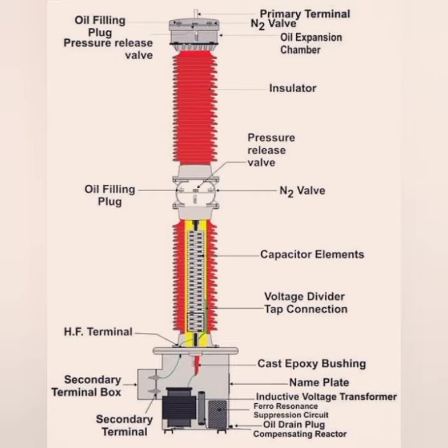Then it comprises N2 valves, oil filling plugs, an oil compression chamber, pressure release valves, insulators, an oil pulling plug, capacitor elements, and voltage divider tap connections, then HF filters, which means high frequency terminals, and then a secondary box, secondary terminals, and the induction voltage transformer, which is your secondary auxiliary transformer, then ferro resonance suppression circuits, and oil drain plugs. These are the parts of your CVT.